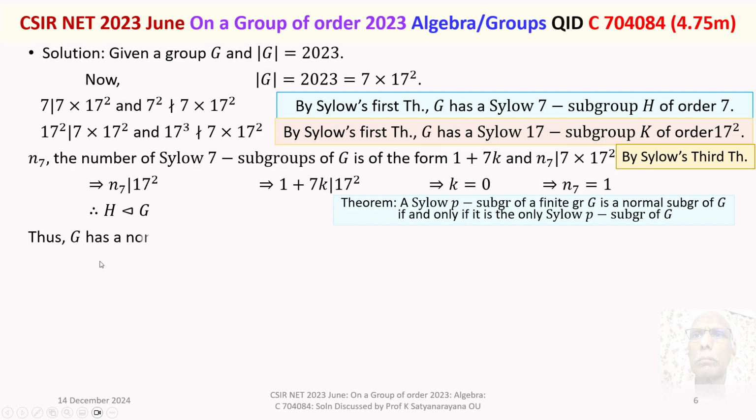Thus G has a non-trivial normal subgroup H, because its order is 7.